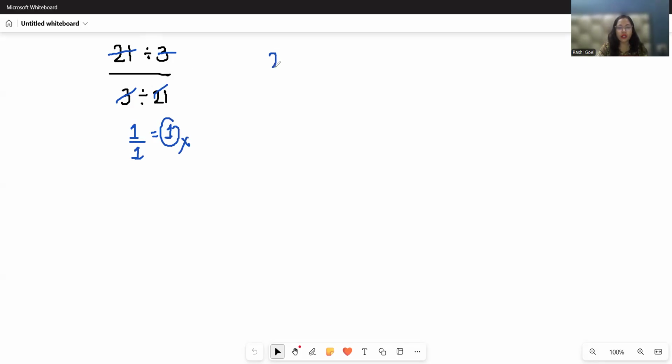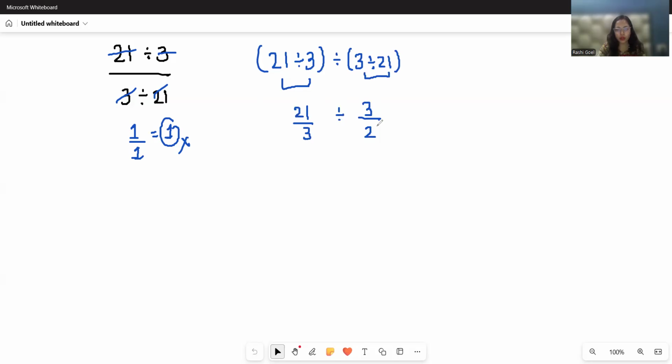When you are given this type of question, always write the numerator, then divide, and then the division in brackets. Now follow the PEMDAS rule. Solve the parenthesis first: 21 divided by 3 divided by 3 by 21. 21 divided by 3 is 7, divided by 1 by 7, right?